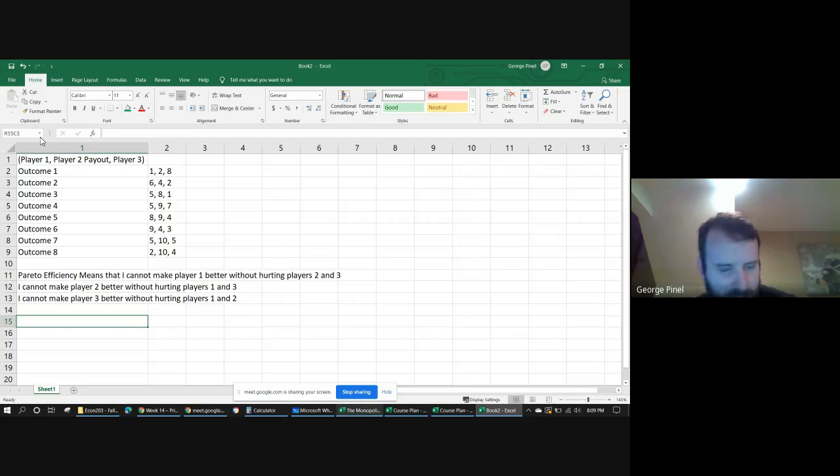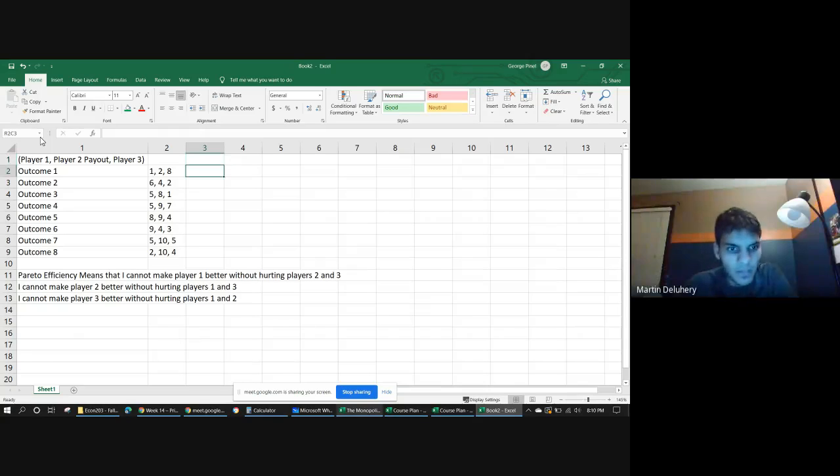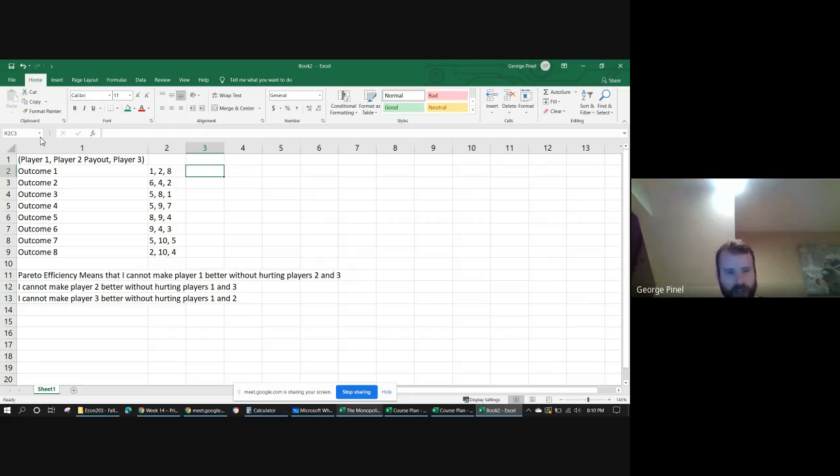I suspect because I used the random number generator that most of these are going to be Pareto efficient. Usually I do a random number generator and then tailor my numbers so that I can eliminate a bunch and keep a bunch. So what I want to do is compare outcome 1 versus all these outcomes.